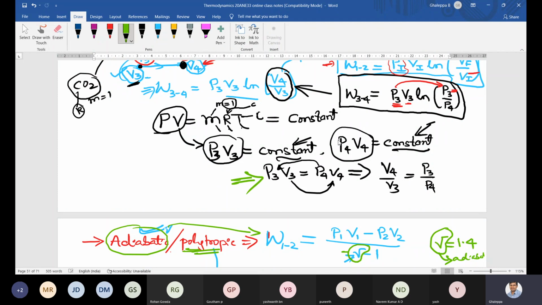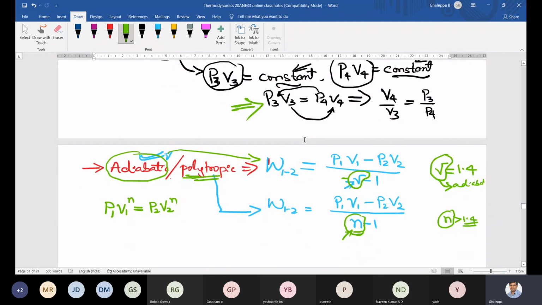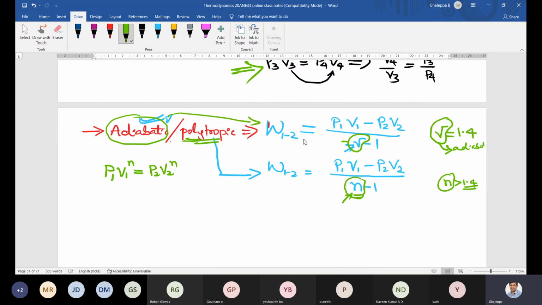In this equation gamma will not come into the picture, but in the denominator for adiabatic, only gamma will come. So these four values will be given: P1, P2, V1, V2. Substitute all four values and calculate n. Then substitute this n value here and calculate the expression for work done.